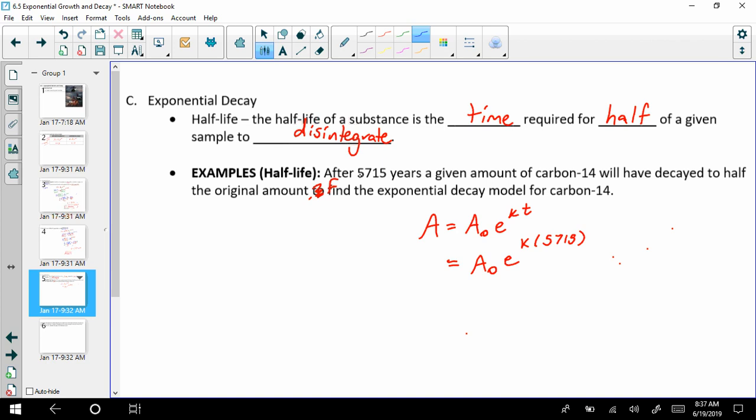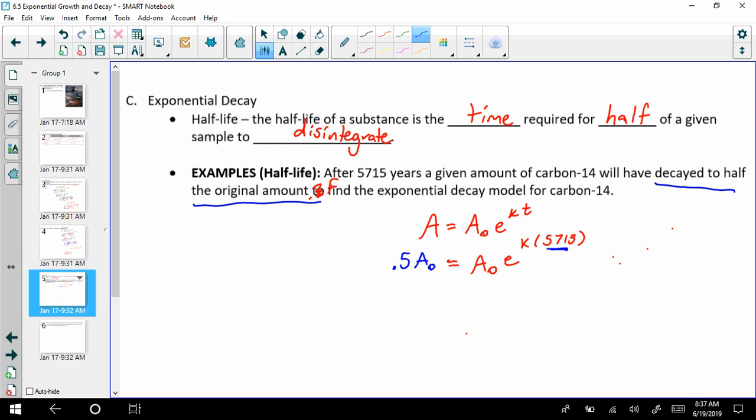If they say it took 5,715 years to decay to half of its original amount, I'm going to cheat a little bit and I'm going to say, okay, after 5,715 years have passed, I know I will be equal to 0.5 A sub 0. So why can I do that? What does that mean? I'm literally saying there, half of the original amount.